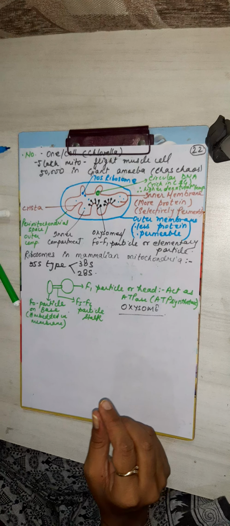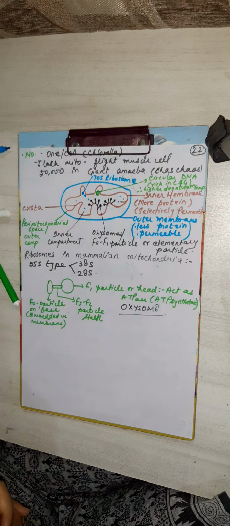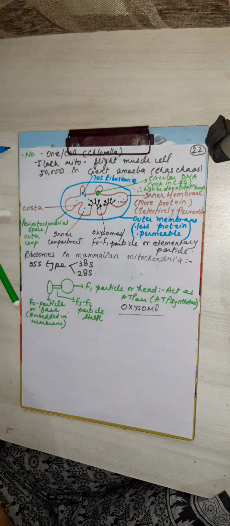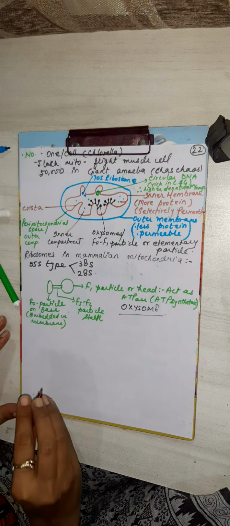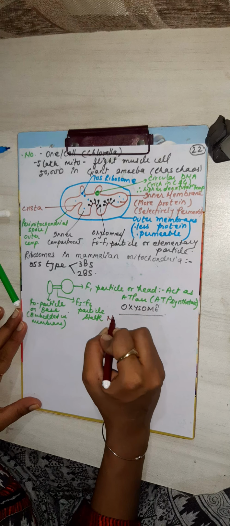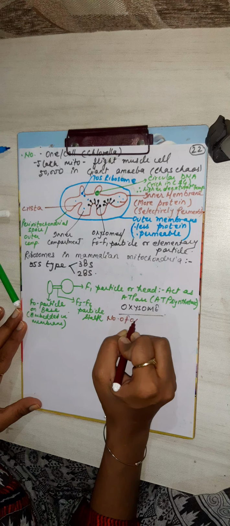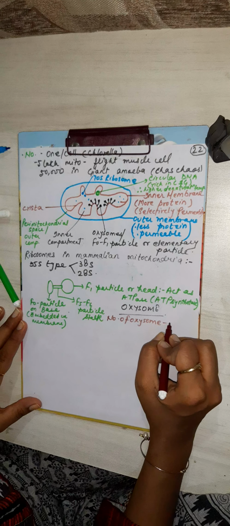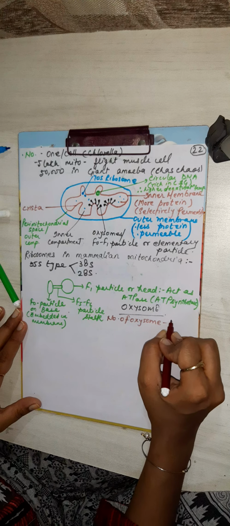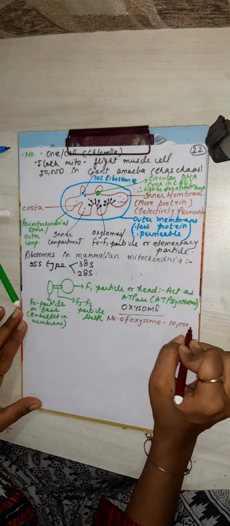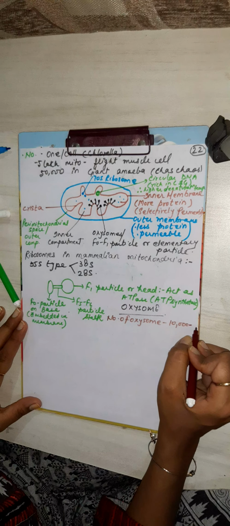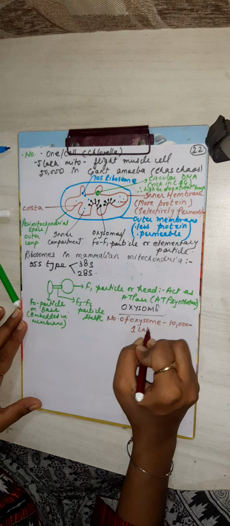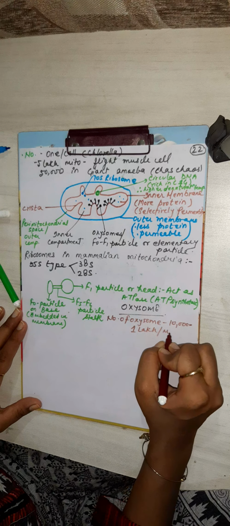Next, come to the structure of a crista. And how many oxysomes are there? Number of oxysomes: 10,000 to 1 lakh per mitochondrion.